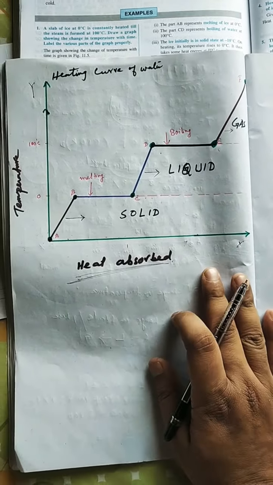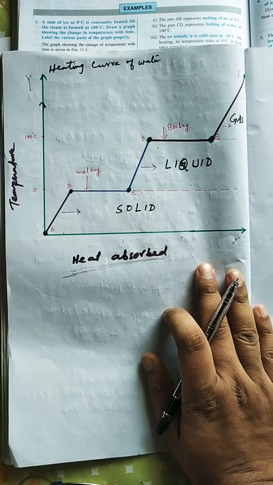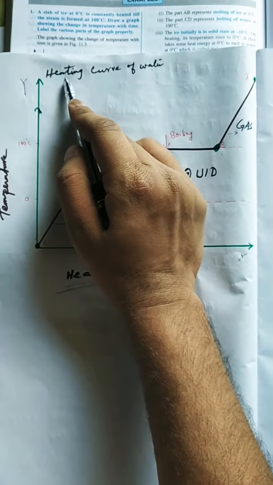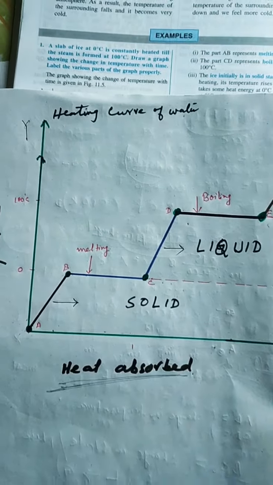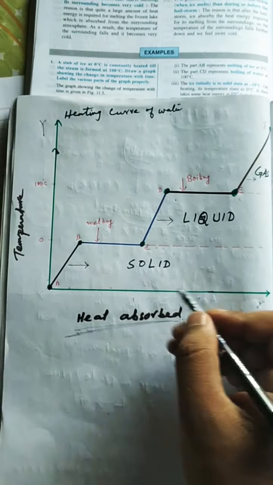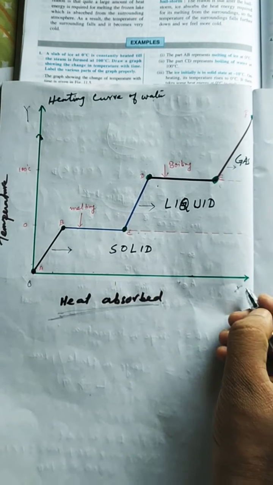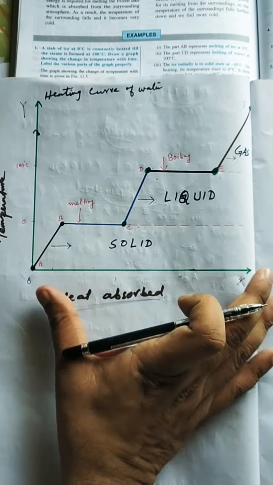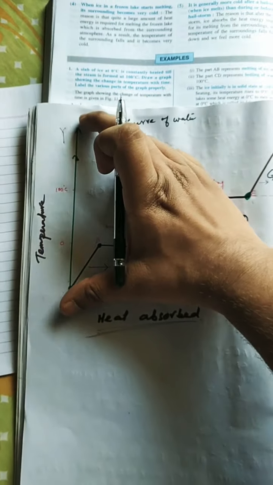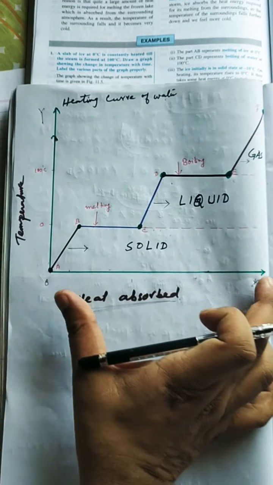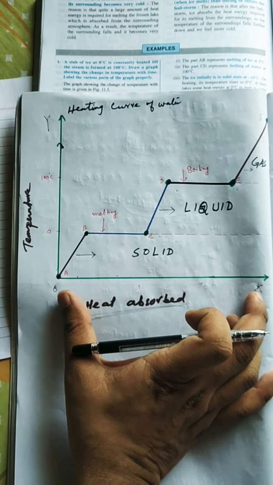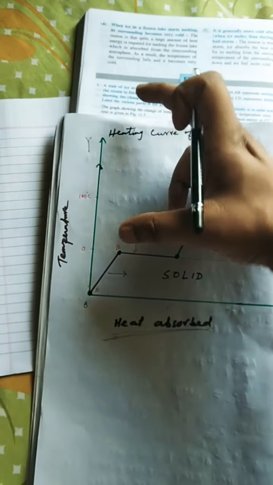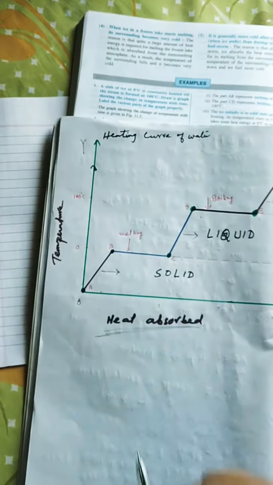Student, today I am going to explain the heating curve of water. Here, OX is the x-axis and this one is the y-axis. On the x-axis, heat absorbed is plotted, and on the y-axis, temperature is plotted.